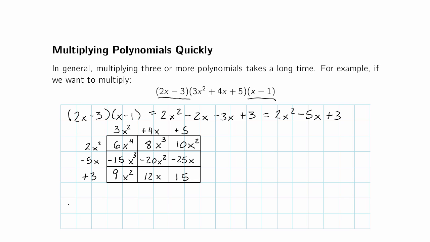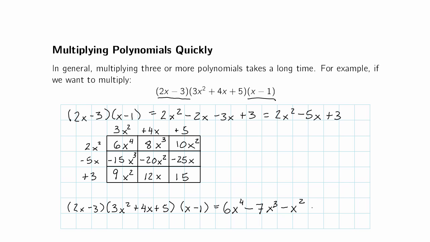So combining all the like terms, we get that 2x minus 3 times 3x squared plus 4x plus 5 times x minus 1 is 6x to the 4th. 8x to the 3rd minus 15x to the 3rd, that'll actually be a negative 7x to the 3rd. 10x squared minus 20x squared plus 9x squared is minus x squared.